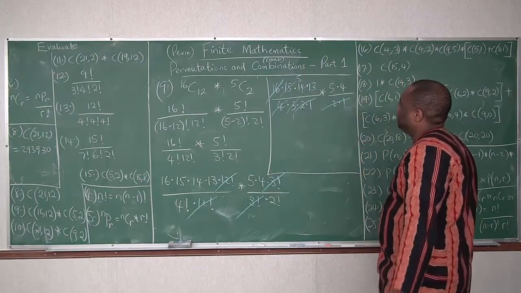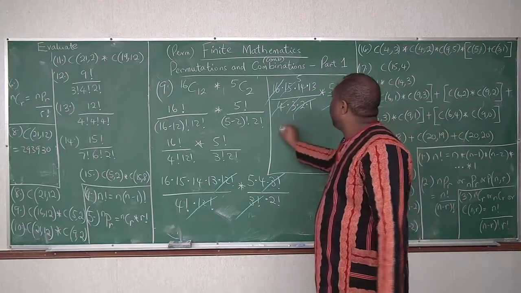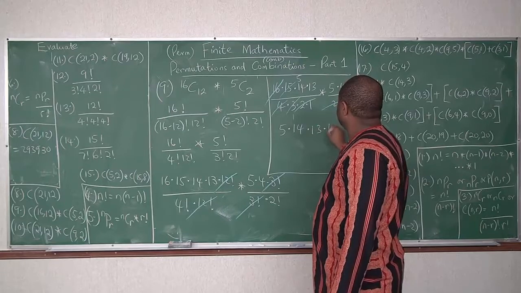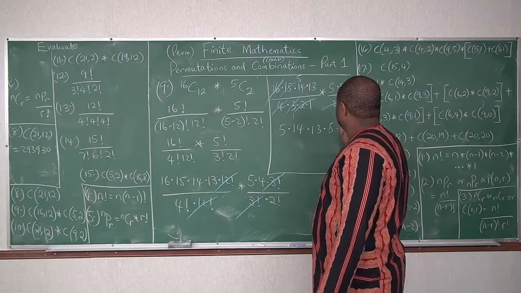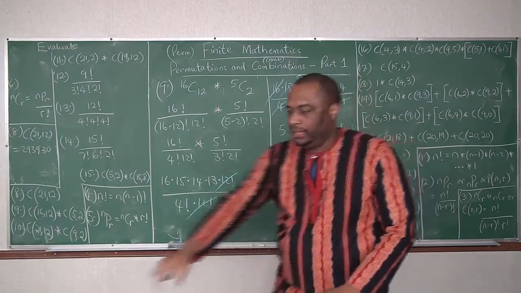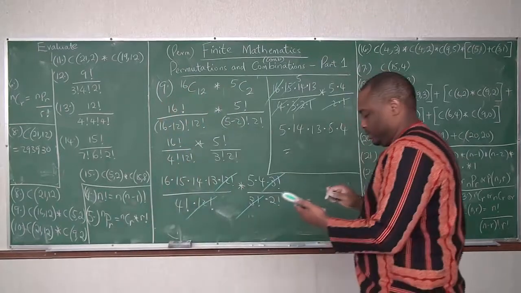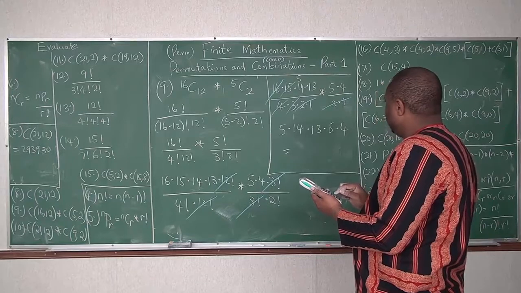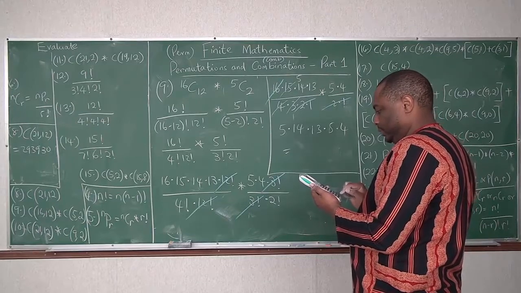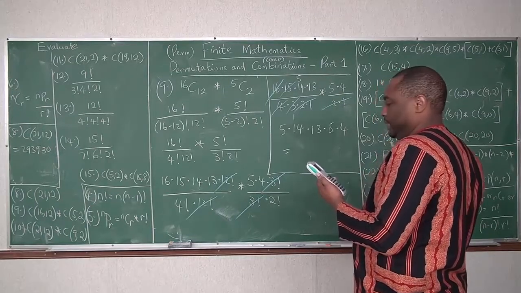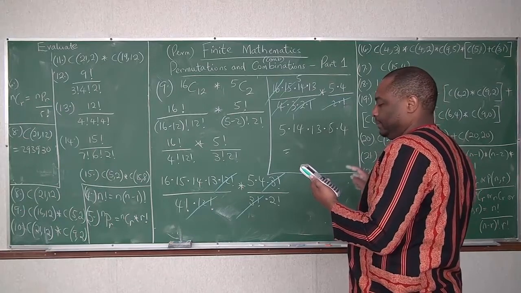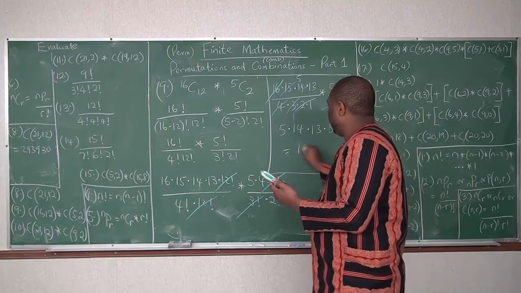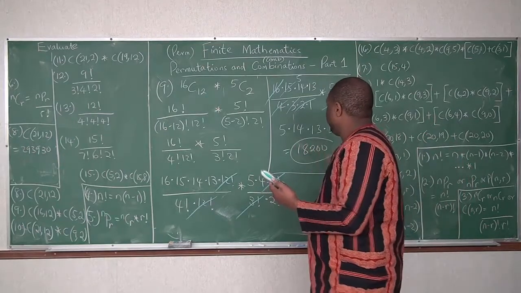Okay? So this will be 5 times 14 times 13 times 5 times 4. And that gives me what? 5 times 14 is 70, times 13, times 20. So I have 18,200.